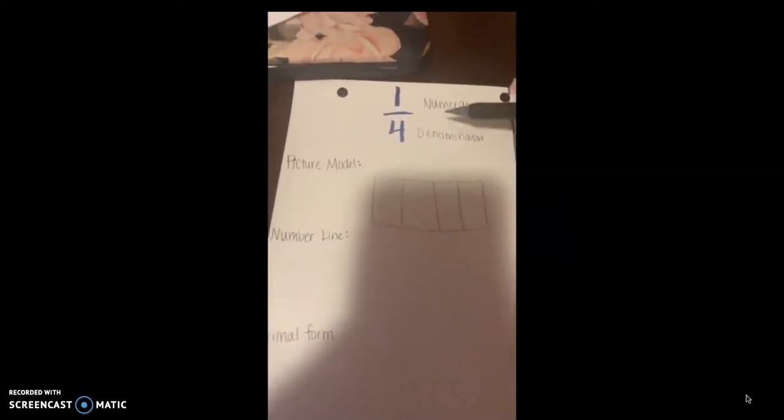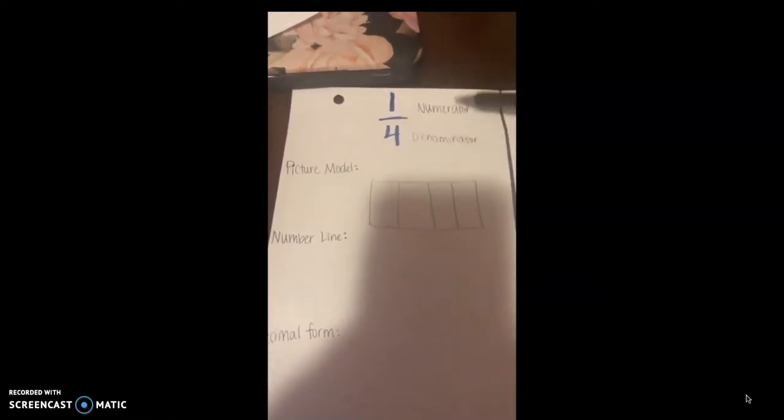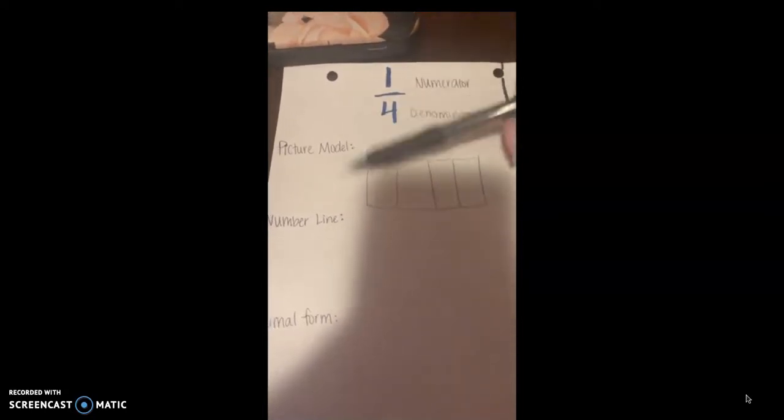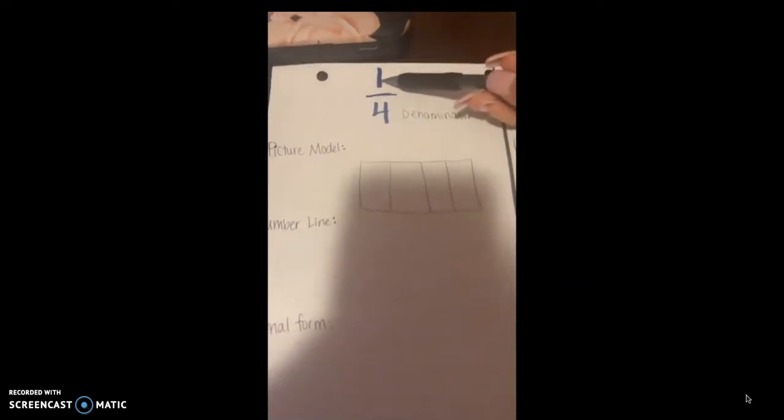But it's okay. Let's just pretend that they're all equal pieces. Now, our numerator tells us how many pieces of this model we are using or we have, or it just depends on what the problem is saying. So in this case, I know that I only have 1 out of the 4 pieces.